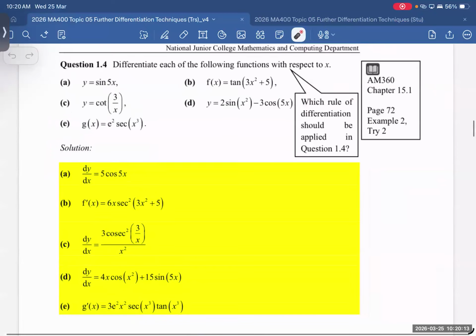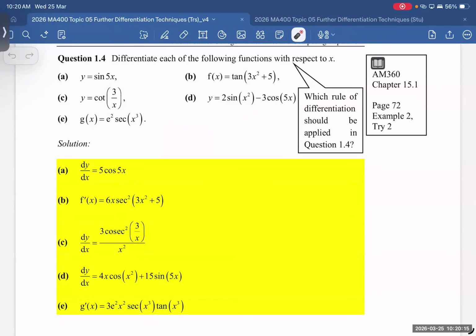I will write the answer on the board. Okay. Answers are on the right side. Question 1.4, answers are here. Very, very easy and nice.